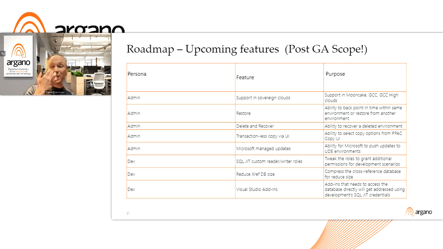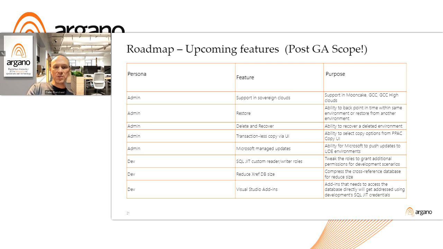Microsoft Managed Updates. So today, Microsoft is currently automatically installing the proactive quality updates in these environments, but what's coming would be the ability for them to also push full service updates when necessary to these environments. SQL just-in-time custom read and writer roles. Right now there's just a strict reader and a strict writer access, but there's going to be some more customization to that coming.